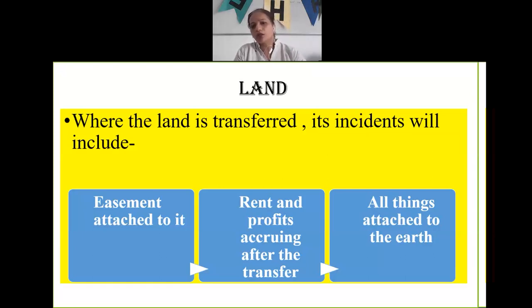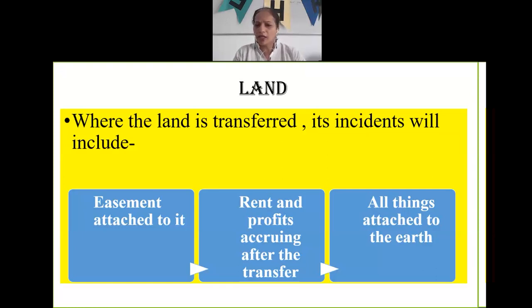This is all what the transferee would be getting whenever, suppose, he purchases a land by way of a sale. So he'll be getting an easement attached to it, he'll be getting the rent and the profit occurring after the transfer, and all the things attached to the earth.